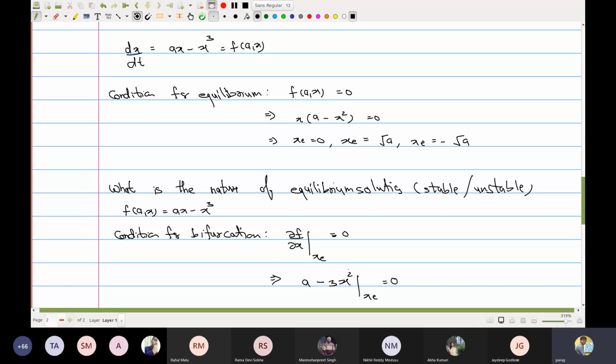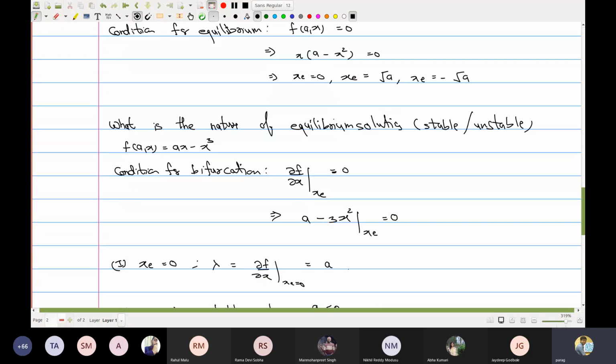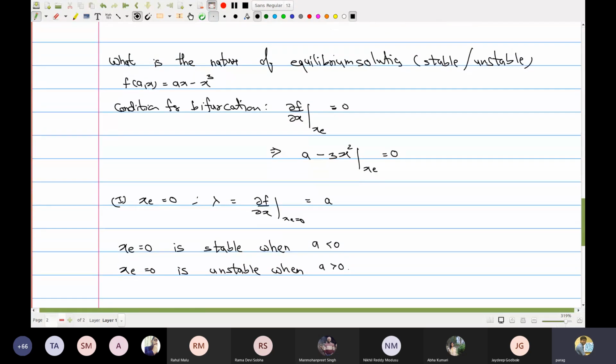So I solved ax minus x cubed equal to 0. I got three equilibrium solutions: xe equal to 0, xe equal to root a, and xe equal to minus root a.